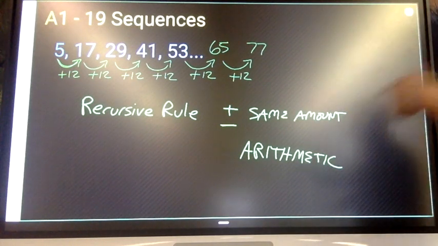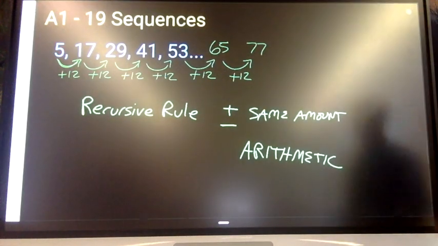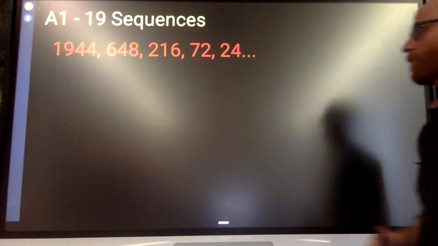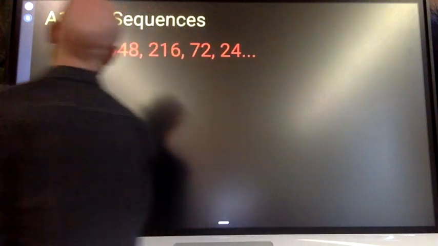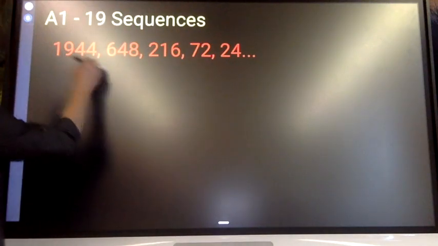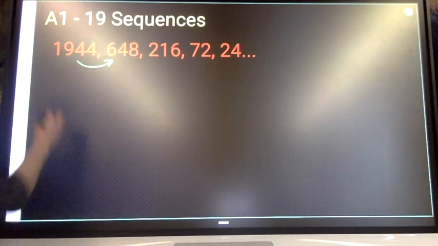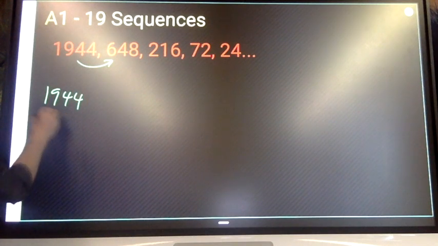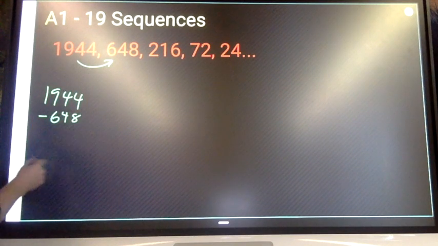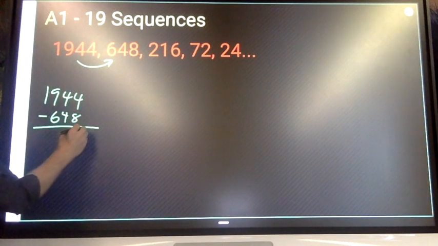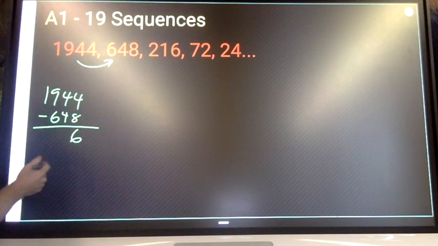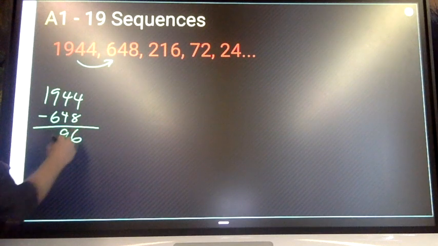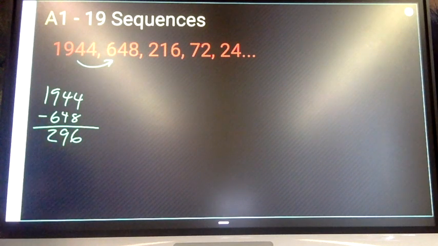All right. Second thing you're going to want to check for, if that doesn't work out, okay, if I try subtracting, this is 1944 minus 648 would give me 1296.